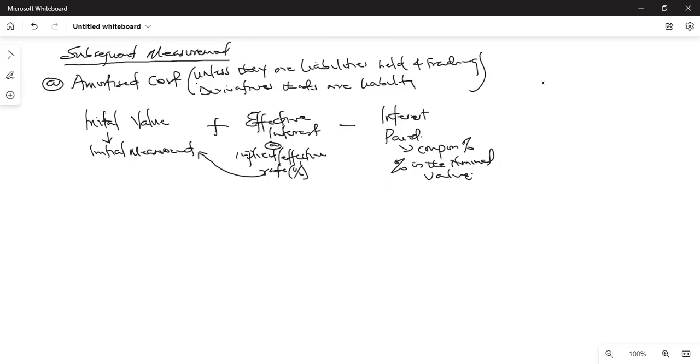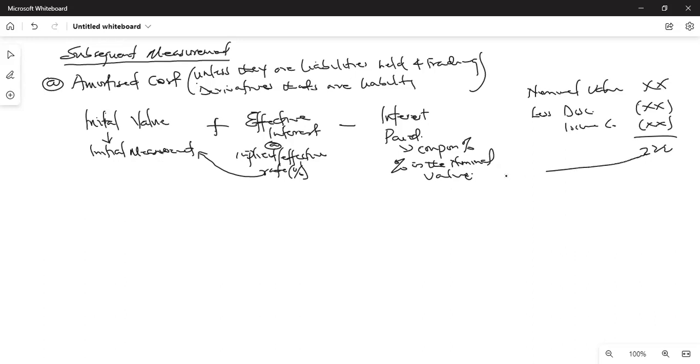Because remember, you will have your nominal value here, but you will be lessing discounts and issue cost for the initial measurement, so you get your initial liability. This bit is what you are seeing here, and on it you will be applying this effective rate, on the opening balances.